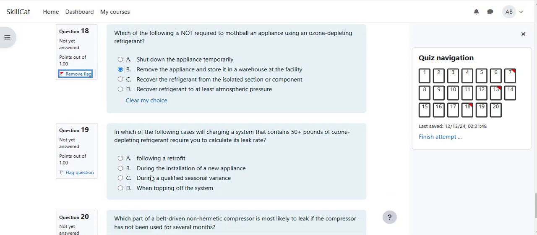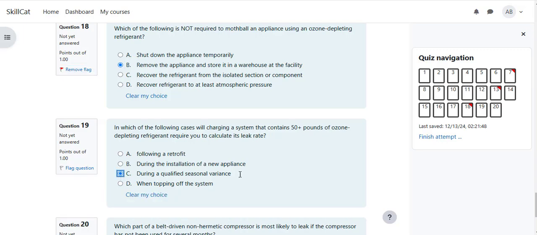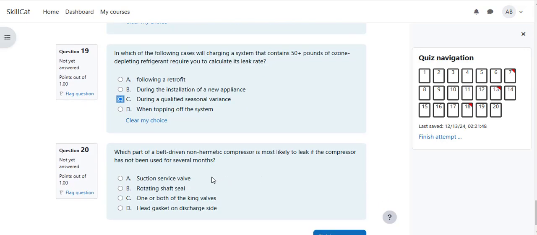I think it's correct. In which of the following cases will charging a system that contains 50 plus pounds of ozone depleting refrigerant require you to calculate the leak rate: following a retrofit, during the installation of new appliances, qualified seasonal variants?